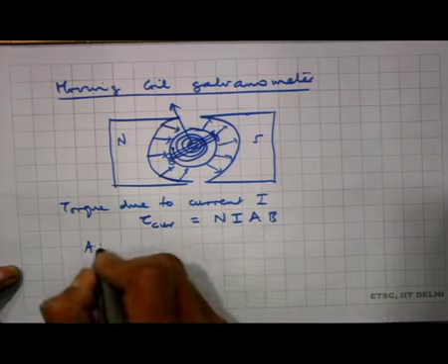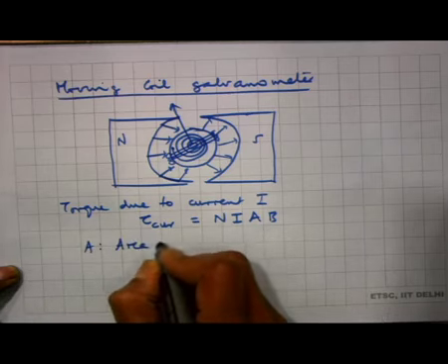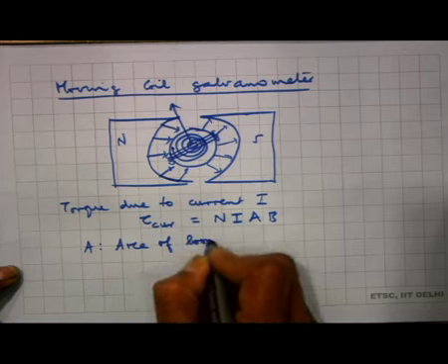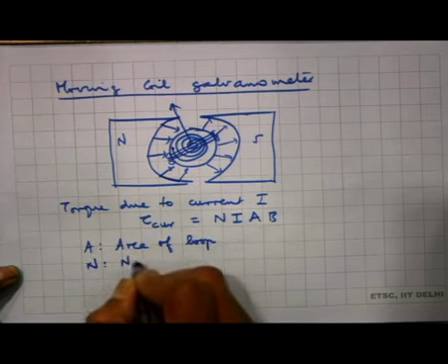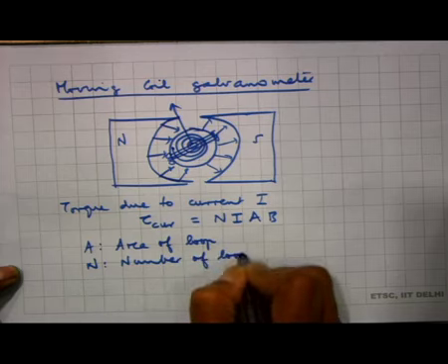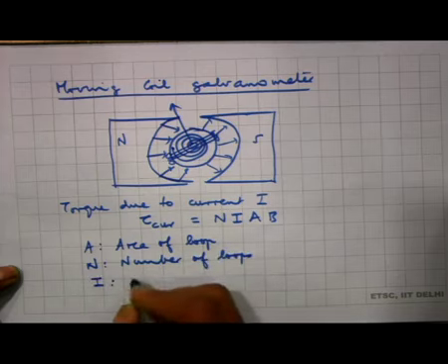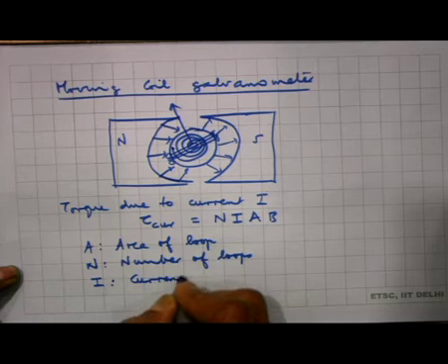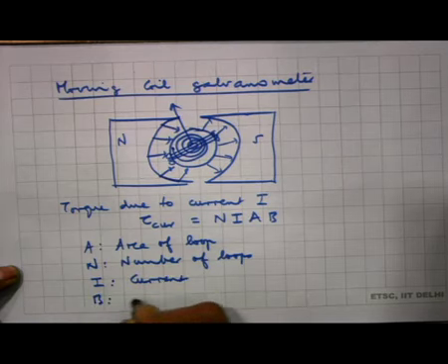So, A is the area of the loop, n is the number of loops, I is the current, and B is the magnetic field.